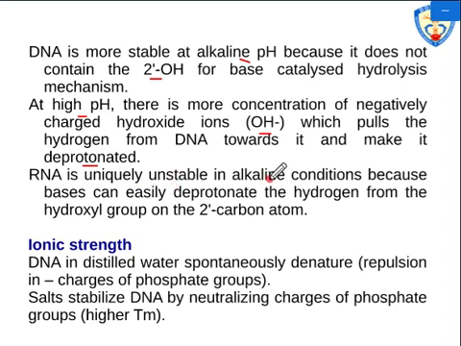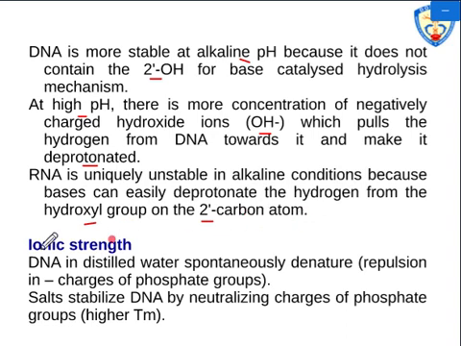The reason is that there is a hydroxyl group present on the second position of the sugar, that is ribose. So RNA is unstable in alkaline conditions because bases can easily deprotonate the hydrogen from the hydroxyl group that is present on the 2' carbon atom.